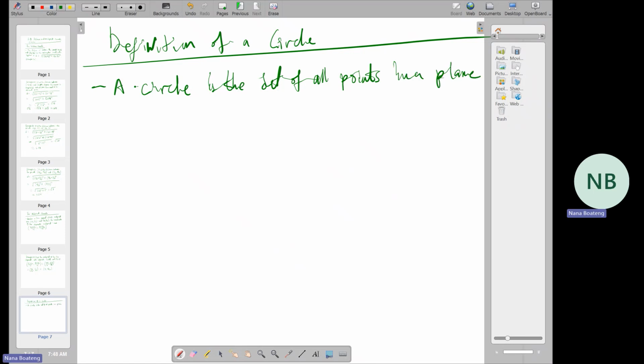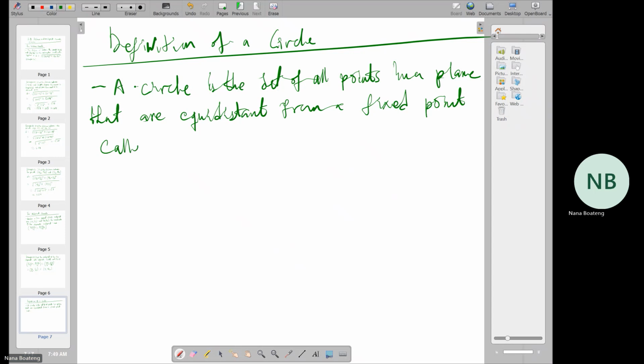In a plane that are equidistant from a fixed point called a center.